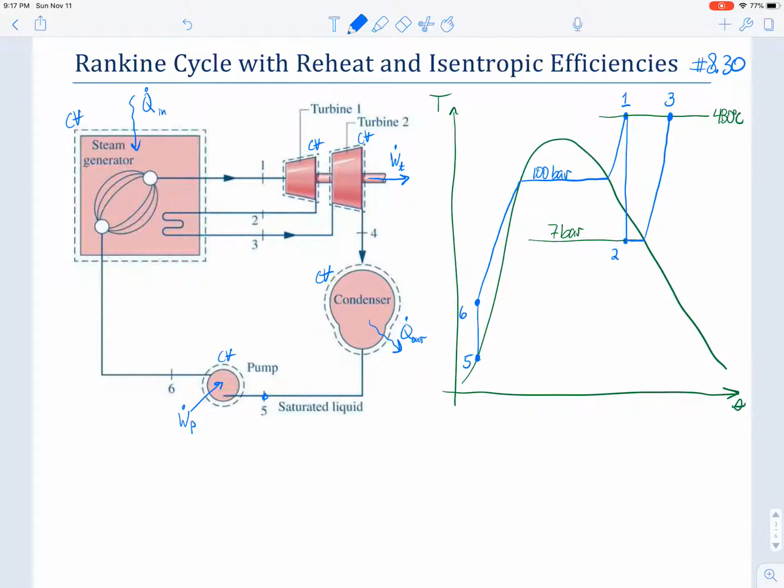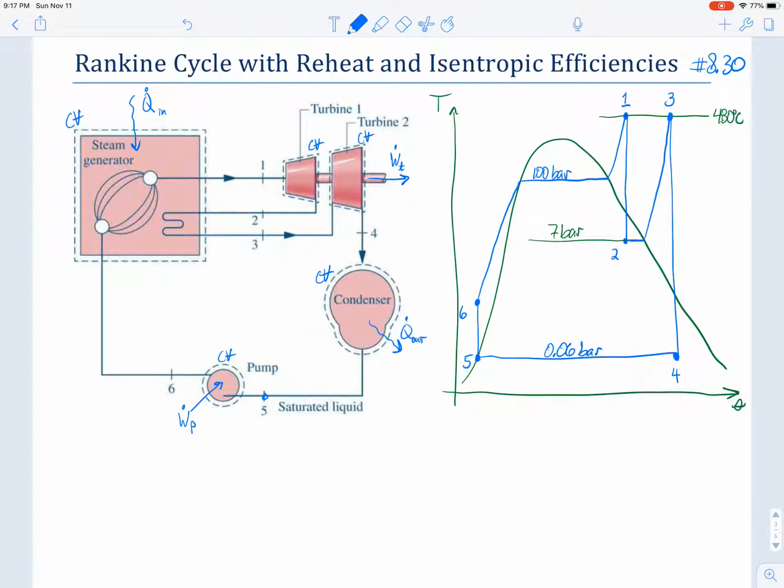And then at this point, I go through turbine 2 and expand the fluid down to my condenser pressure, which is state 4. And this isobar is at 0.06 bar pressure.